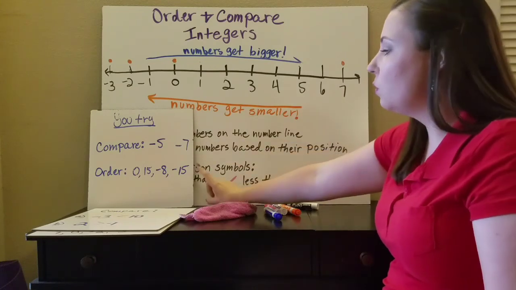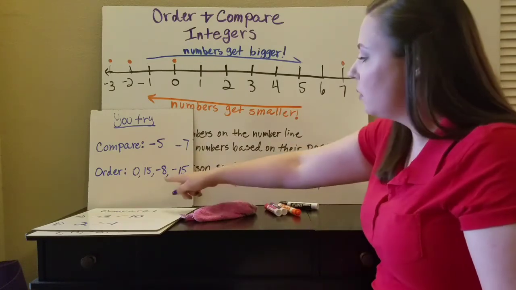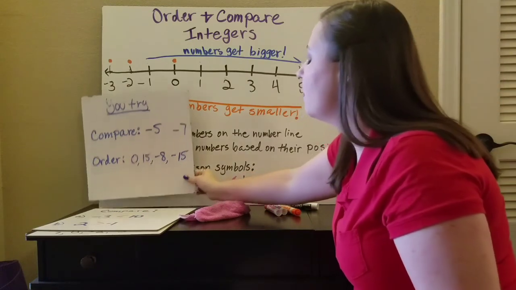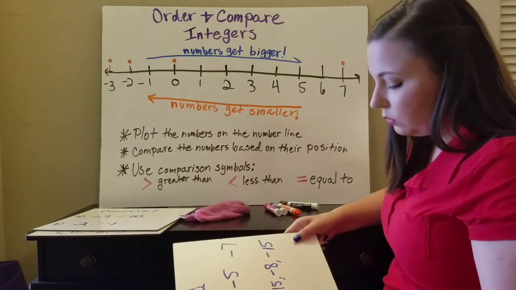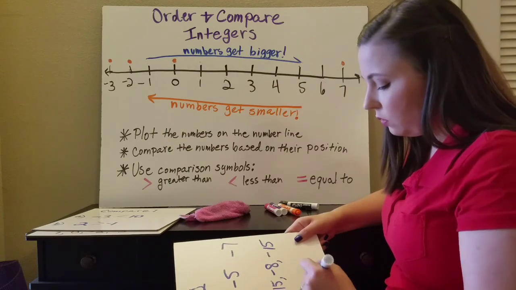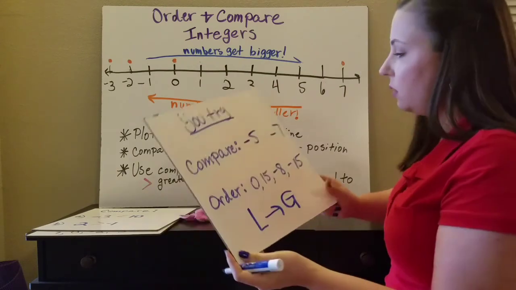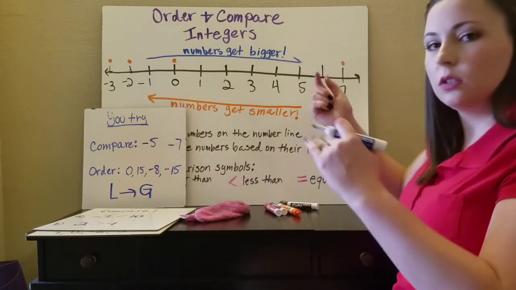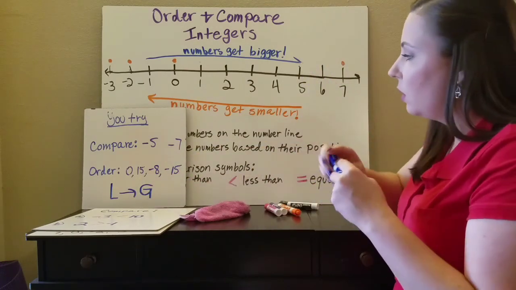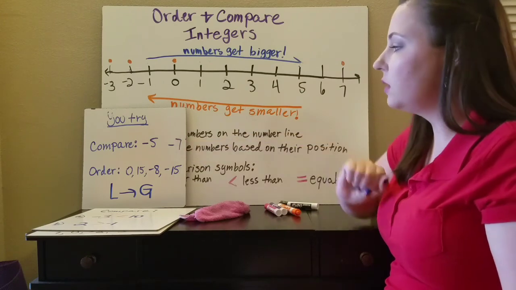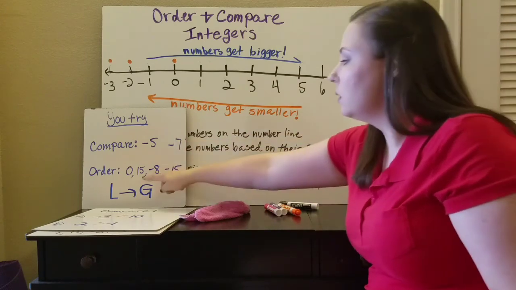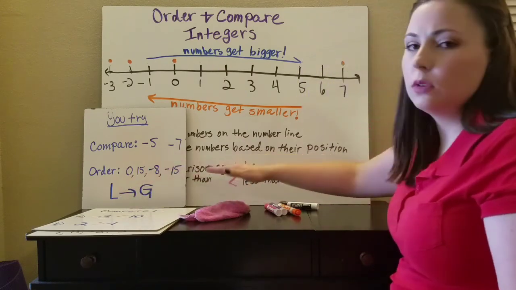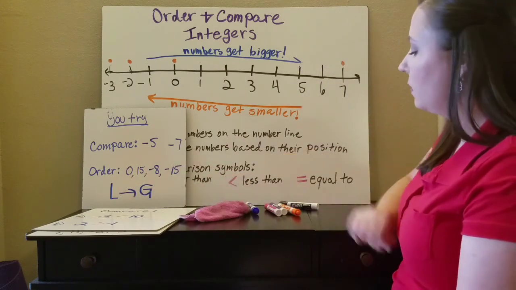And then I want you to order 0, 15, -8, and -15 from least to greatest. L to G. Least to greatest. So you're going to compare -5 with -7, and then order 0, 15, -8, and -15 from least to greatest. All right, see you in class.